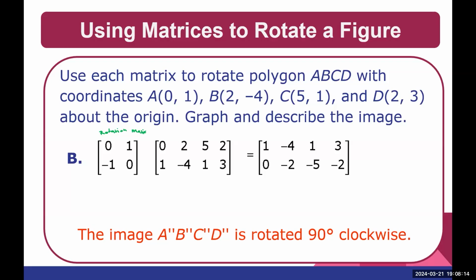For the rotation matrix, the 0, 1, negative 1, 0, with the coordinates, this is the same that we're going to multiply the 1 with the 2. That's the long way out. So we would multiply 0 times 0 plus 1 times 1, 0 times 2 plus 1 times negative 4, and so on until we get our image over here.